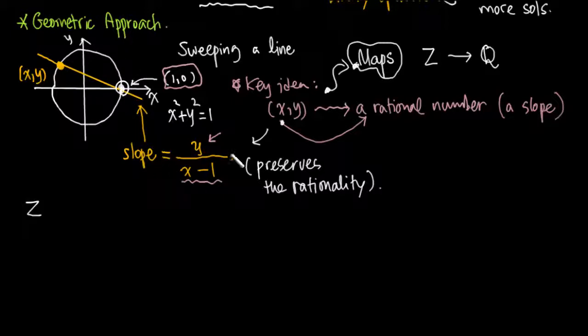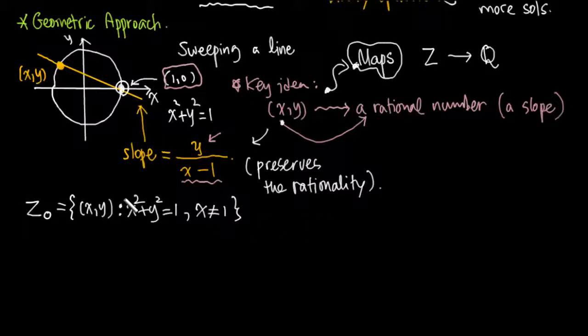We don't define a slope for a vertical line. So why don't I define Z0 to be all the rational solutions like this, but with x not equal to 1. When x is 1, the only choice for y is clear from this picture: y equals 0, but you can also prove that.